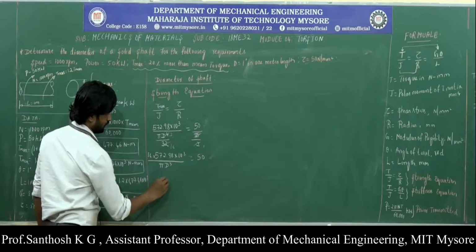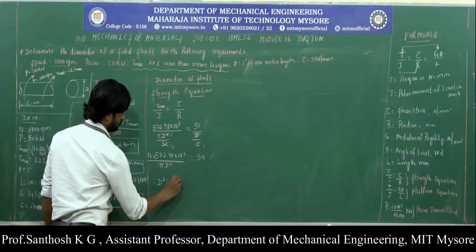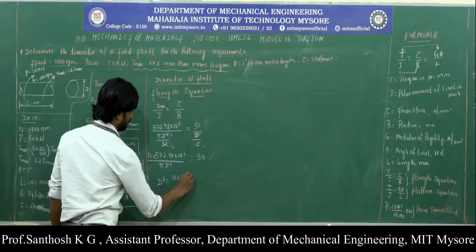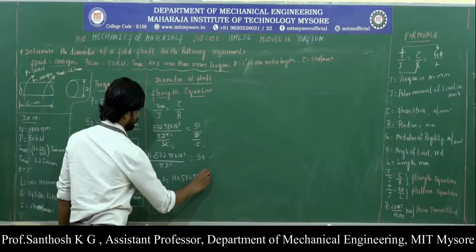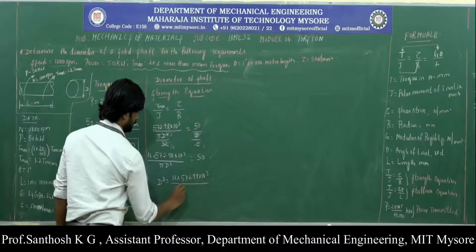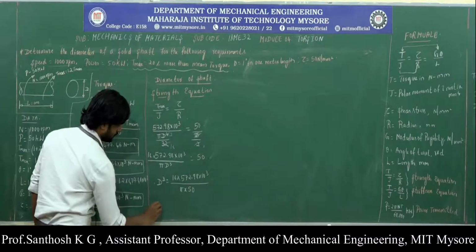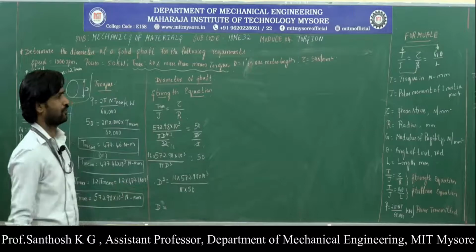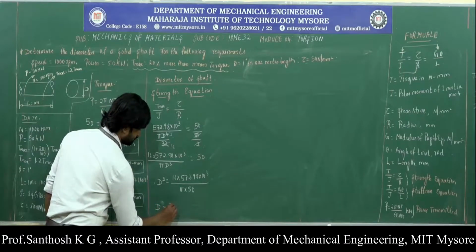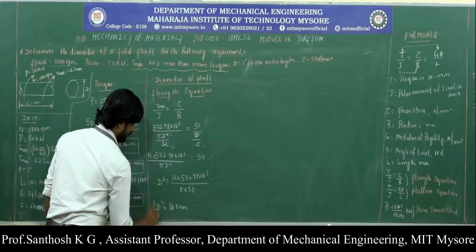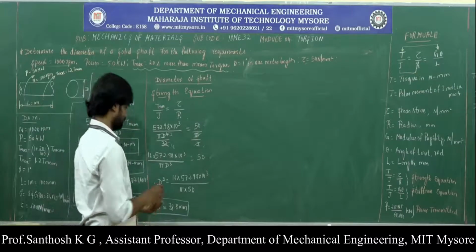Therefore, d cube will be equal to 16 into 572.98 into 10 to the power of 3 divided by pi into 50. Solving this equation, I will get the value of d, and it will be 38.8 millimeters.